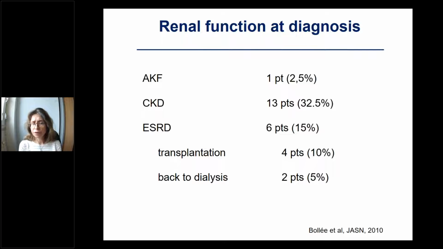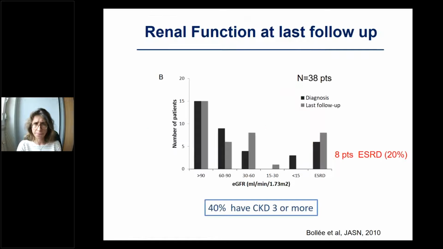What about renal function? Because as you remember, our patient presented with renal failure. In some cases, in this series only one patient, but some cases can present with acute kidney failure. Many patients, one third in this series, presented with chronic kidney disease, and some patients had already reached end-stage renal disease at diagnosis. 6 patients here: 4 were transplanted and 2 were already back on dialysis.